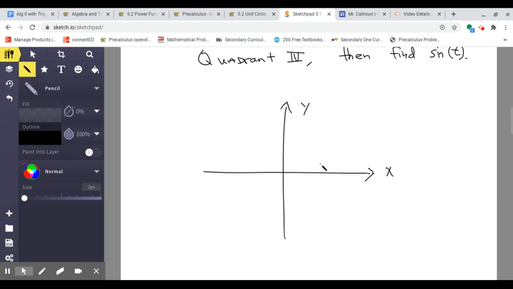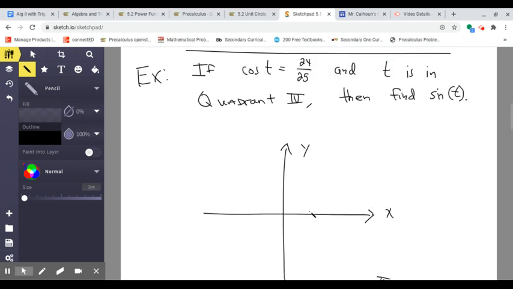So quadrant 4, this guy here in the lower right. So angle t, we haven't been told if it's positive or negative, so we're going to assume it's positive. We're always going to assume an angle is positive unless otherwise stated. So to get to quadrant 4, we go in this direction, and so this is angle t.